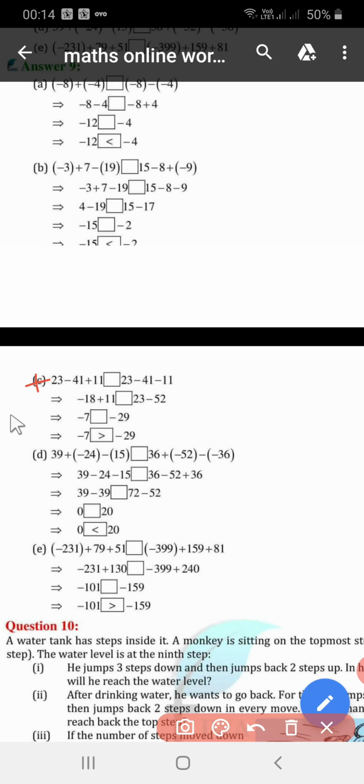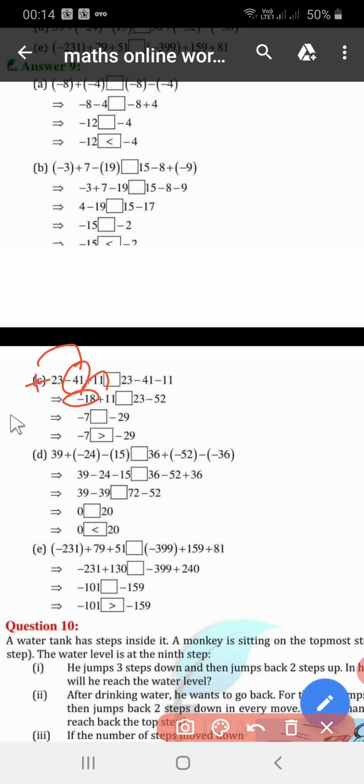This 23 is a positive number, plus minus minus, so 41 minus 23, what will you get? 18. The bigger digit is 41, this is negative, so we got minus 18 here. Minus 18 plus 11. Now again see minus plus minus 18 minus 11, what will you get? 7. The bigger digit 18 is negative, so you put a negative sign, minus 7.